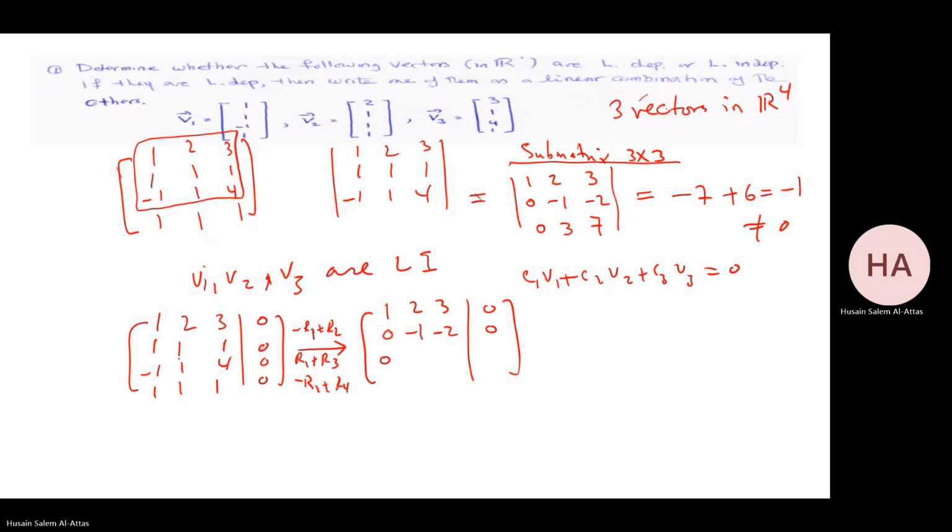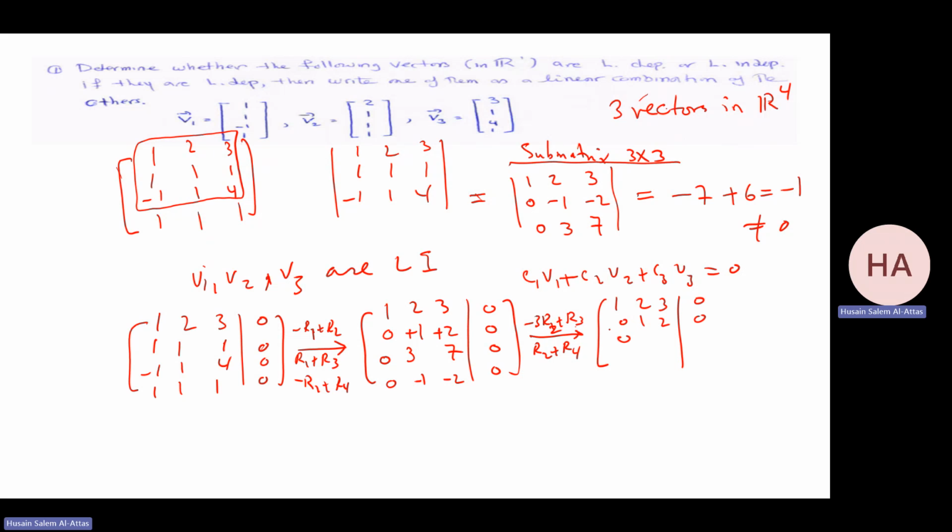I have 0, 3, 7, 0, 0, minus 1, minus 2, 0. I can multiply by minus to make this plus. So now I do minus 3 R2 plus R3 and R2 plus R4 to get 1, 2, 3, 0, 0, 1, 2, 0, 0, multiply by minus 3 and add, that will be 0. Minus 10, and that will be 1. I have 0 here, I have 0, add 0, 0.